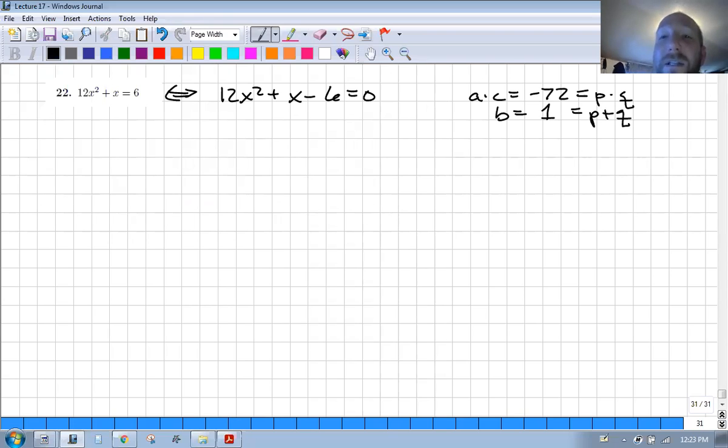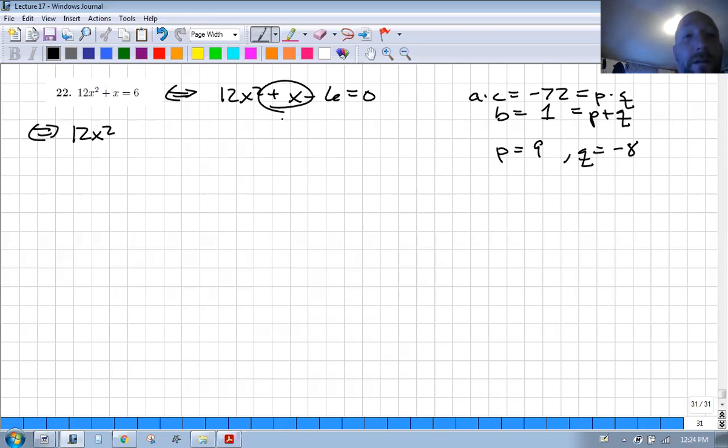So what if we did 9 and what? Negative 8? 9 times 8 is 72, right? Yeah. So they multiply to give negative 72, but they add to give us a positive 1. So let's rewrite x here as 9x minus 8x.